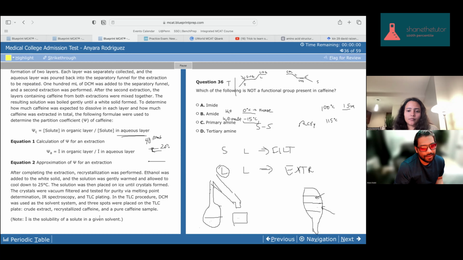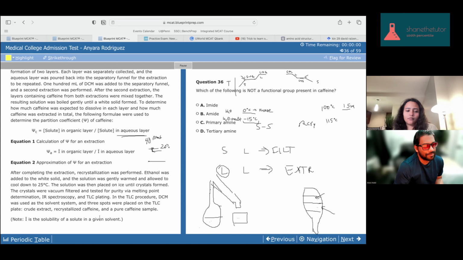And then TLC, DCM was used as the solvent system, and 3 spots were placed on the TLC plate. So one for the crude extract, one for the recrystallized caffeine, and then a pure caffeine sample.